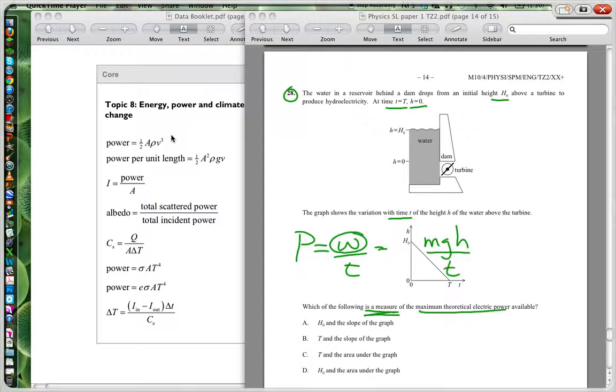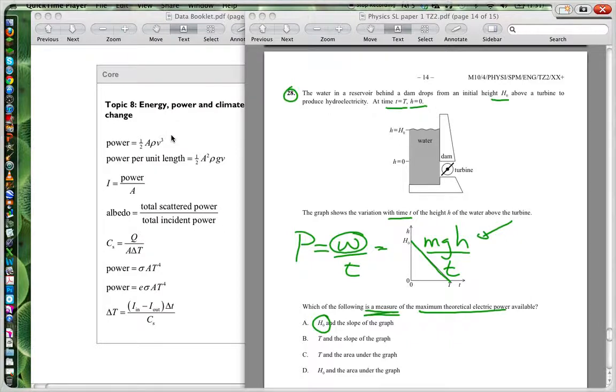So this H0 is very important because that really gives you an idea of the total energy available. And then the slope of the graph is the rate that the h is decreasing. So that will give you a rate of how much energy is used.